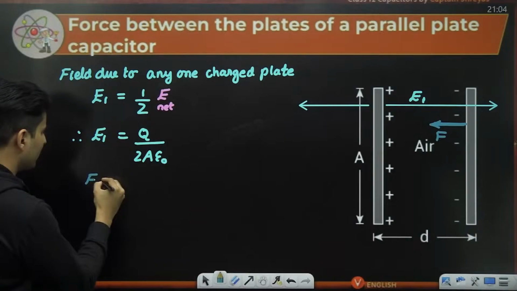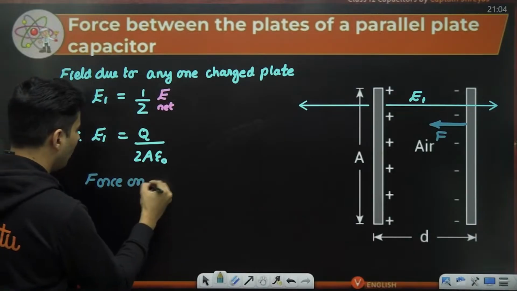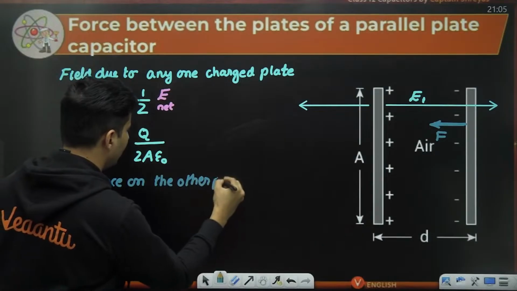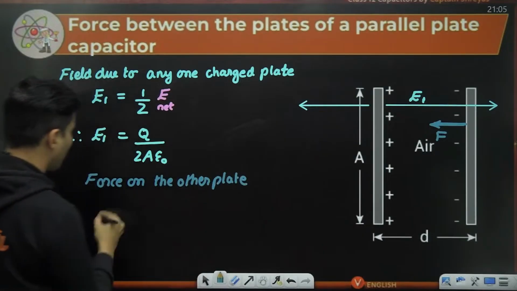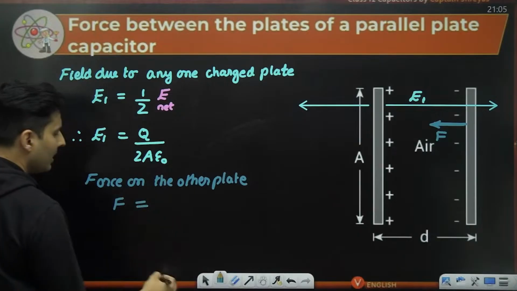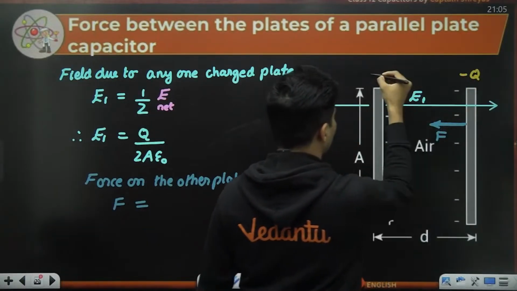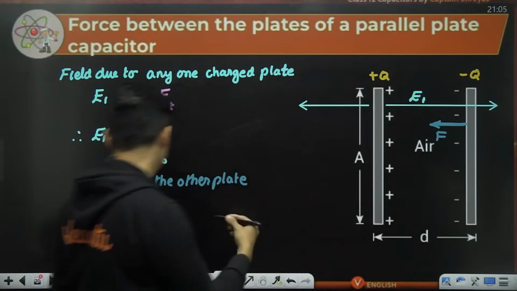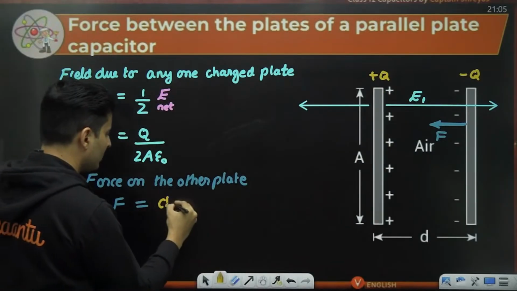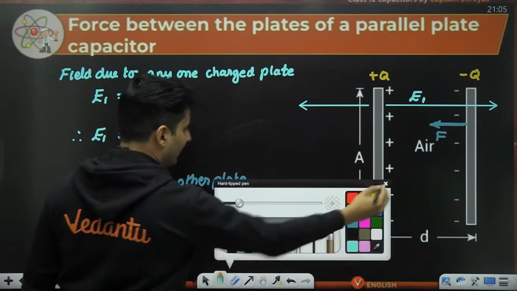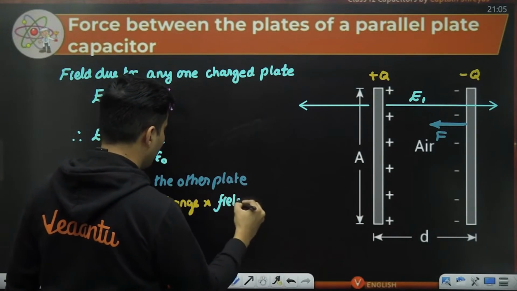Therefore, if I want to find out what force will be applied on the other plate, F will be nothing but the charge, maybe it is Q in magnitude, I'm just interested in the magnitude, multiplied by the field.